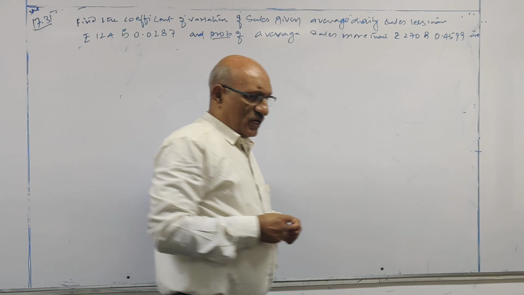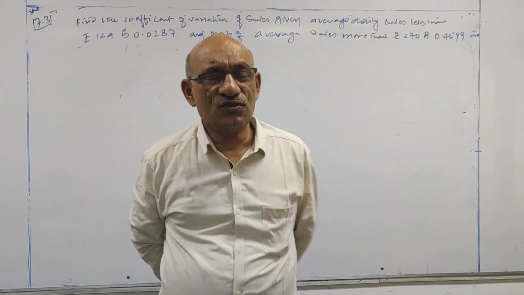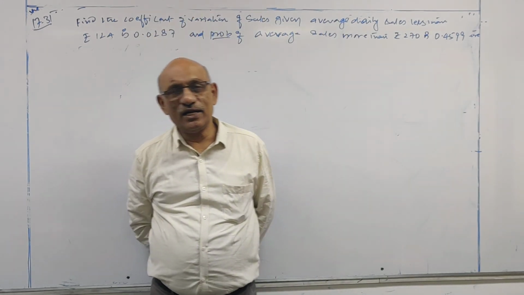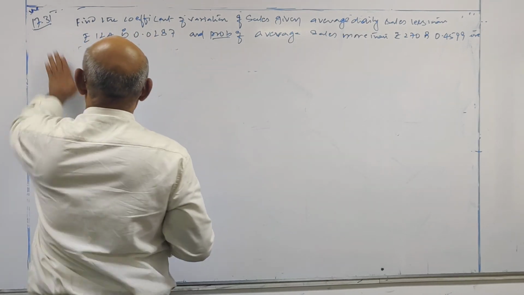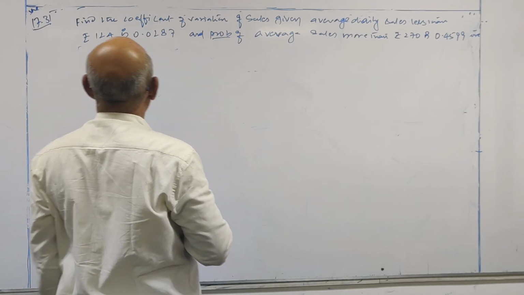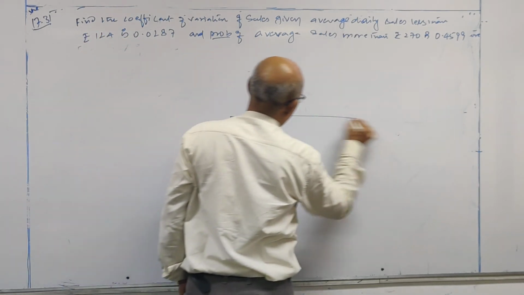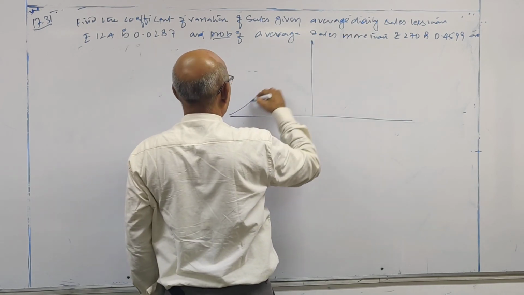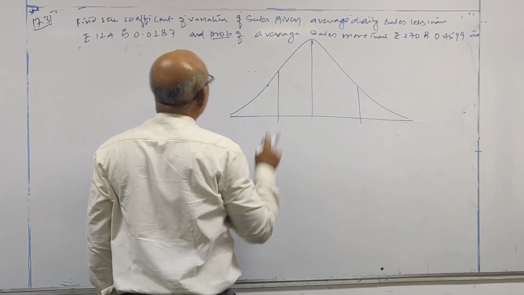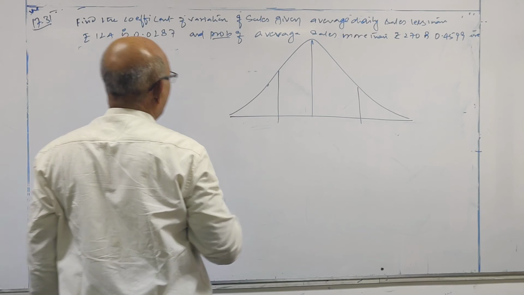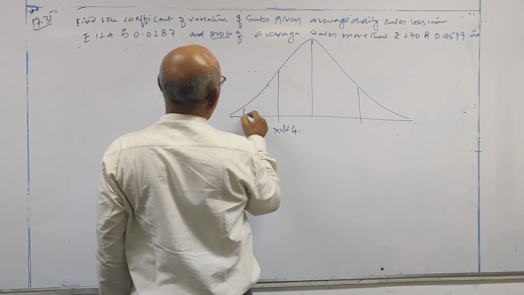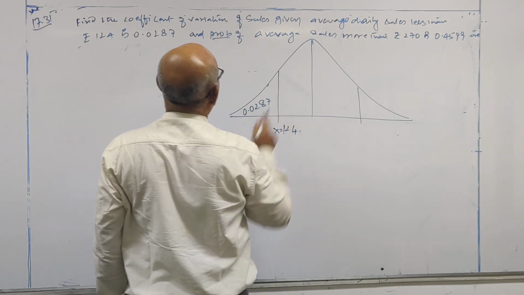To calculate the coefficient of variation, what is required for us? The mean is required and the standard deviation is required. So look at this. This is the normal curve. Average sales less than 124, X is 124, less than that 0.0287.